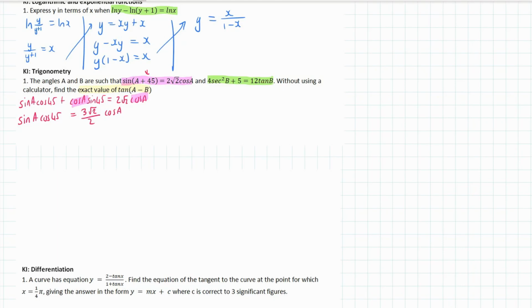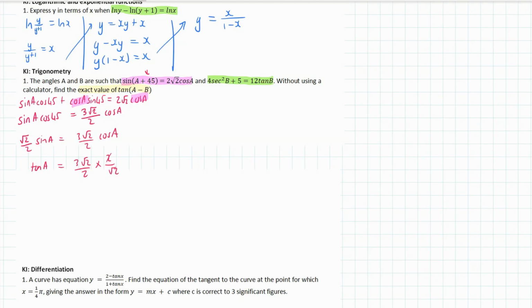Now, the next thing is, I also know what cos 45 is, so I can rewrite that left-hand side as square root 2 over 2 sine A equals 3 square root 2 over 2 cosine A. My next line, I'm going to write tan A, so I'm dividing both sides by the cosine, and then I'm going to go 3 square root 2 over 2 times 2 over square root 2.